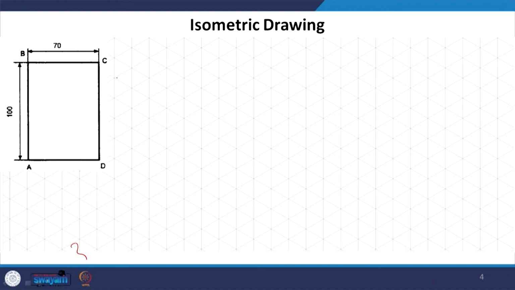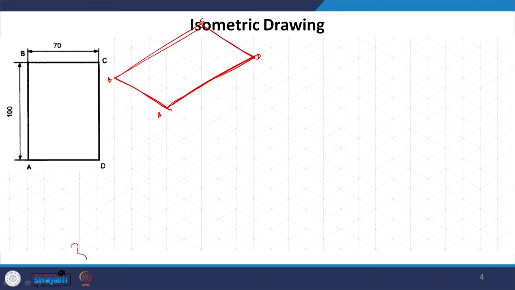Suppose it is kept simply like this, parallel to HP. This is what the rectangle would be, A, B, C and D. Its lines being isometric lines parallel to the isometric grid, we get it simple, parallel to a horizontal plane.